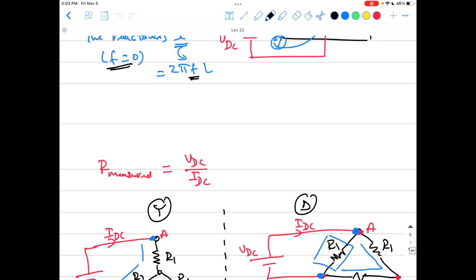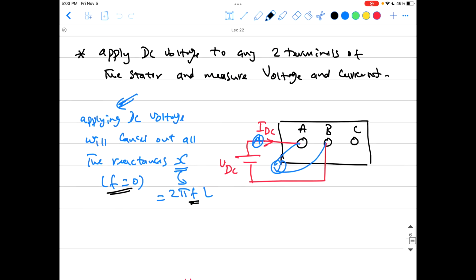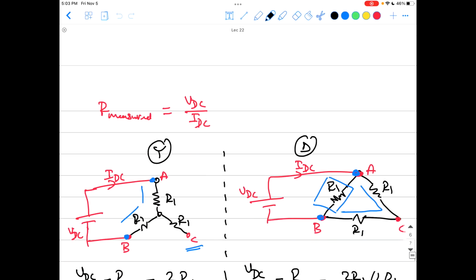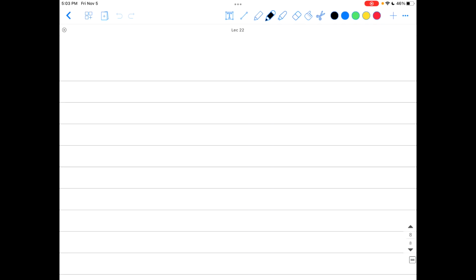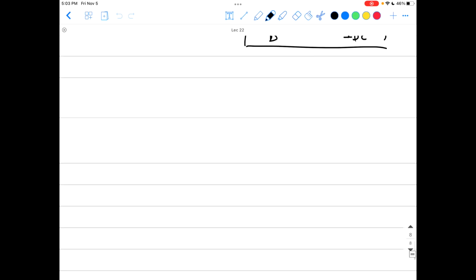Why do we use DC voltage? Like we said last time, it's because that way we have 0 frequency, so we get rid of anything else. Let me draw the equivalent circuit again and see what will happen under the DC test.